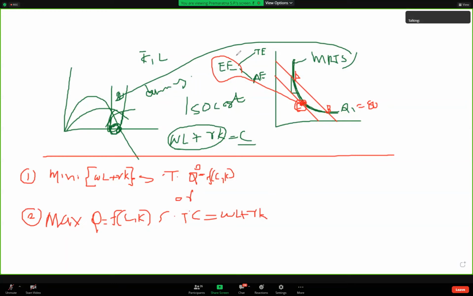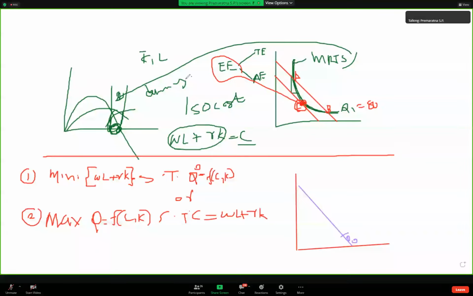Now, the second one, if I try to quickly draw here, given a level of budget, and this budget is a given amount, let's say $100 per day.